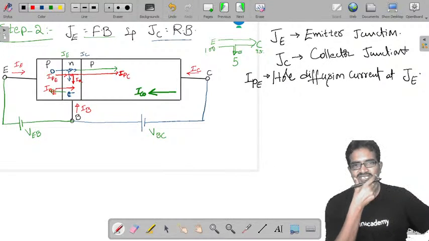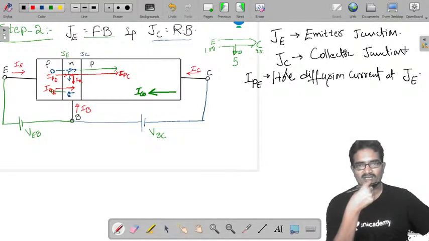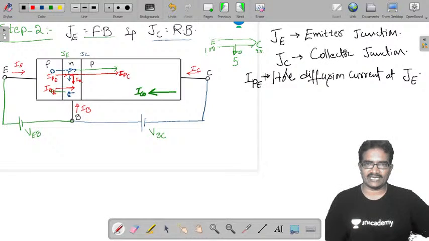JE, emitter junction, and JC, collector junction. IPE, whole diffusion current at emitter junction.